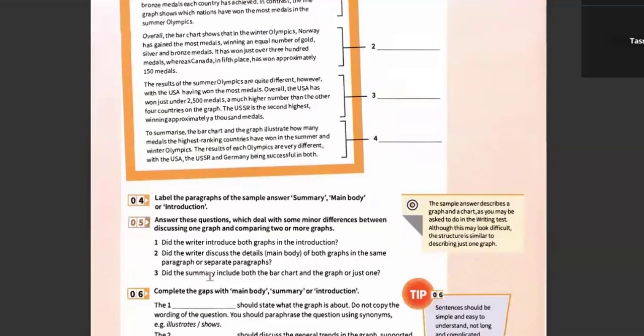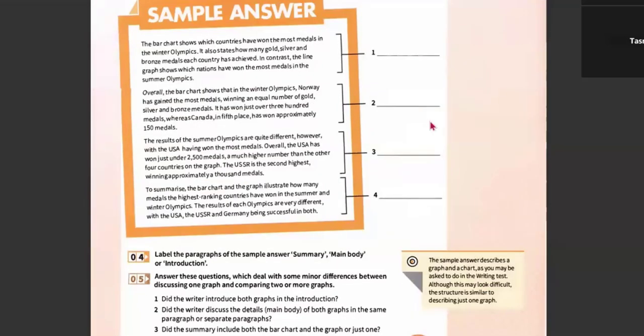Now, there are some questions given which we need to answer. So let's see the first one. Did the writer introduce both graphs in the introduction? No, the writer only introduced the bar chart in the introduction. Are you sure? Did you read? Yeah, the writer introduced both the graphs in the introduction.